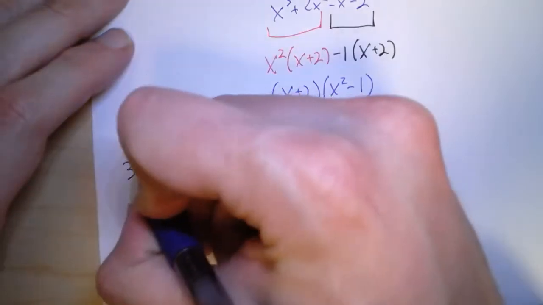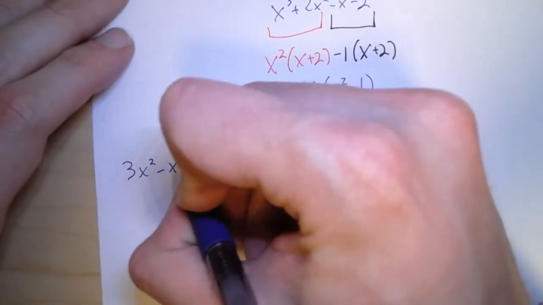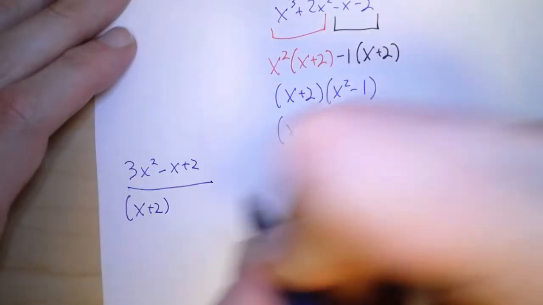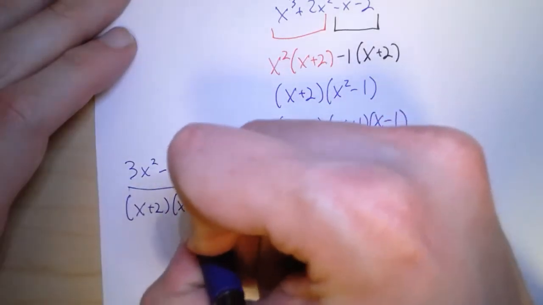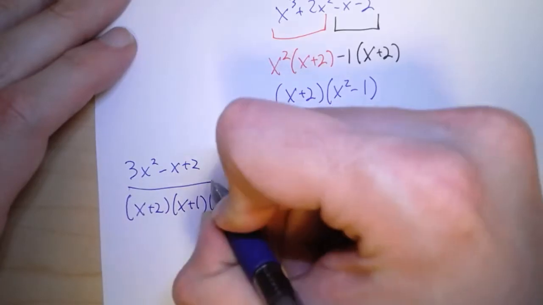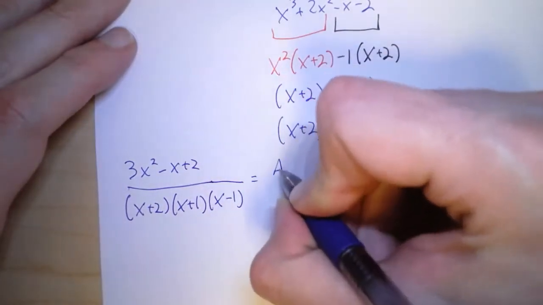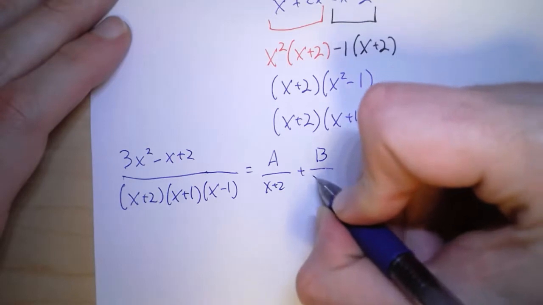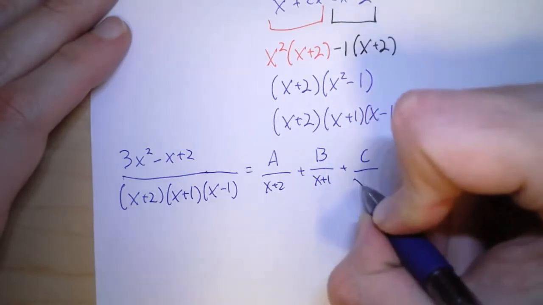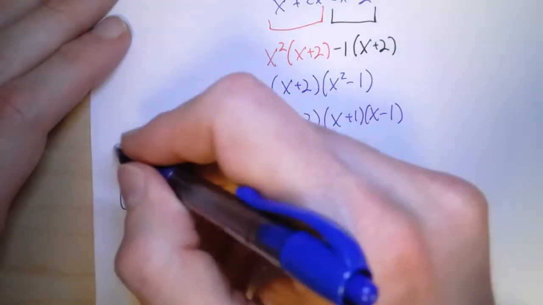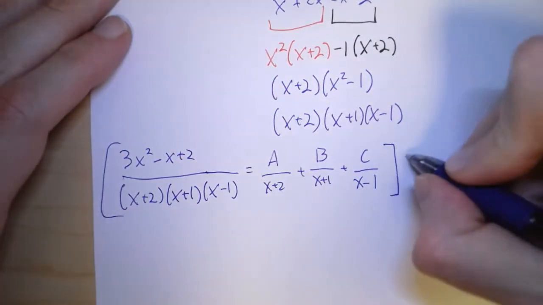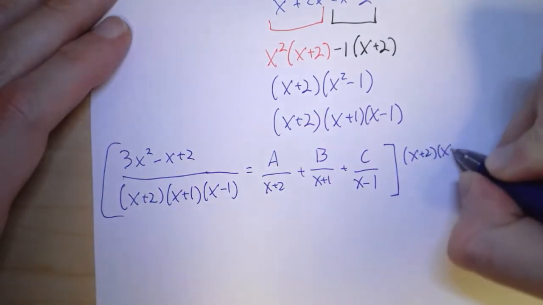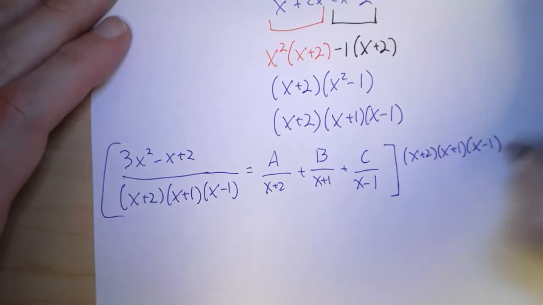So we have 3x squared minus x plus 2 all over, and we'll write this in factored form, x plus 2 times quantity x plus 1 times the quantity x minus 1. And that's going to equal a over x plus 2 plus b over x plus 1 plus c over x minus 1. So now we'll multiply this by this entire quantity, x plus 2 times x plus 1 times x minus 1.